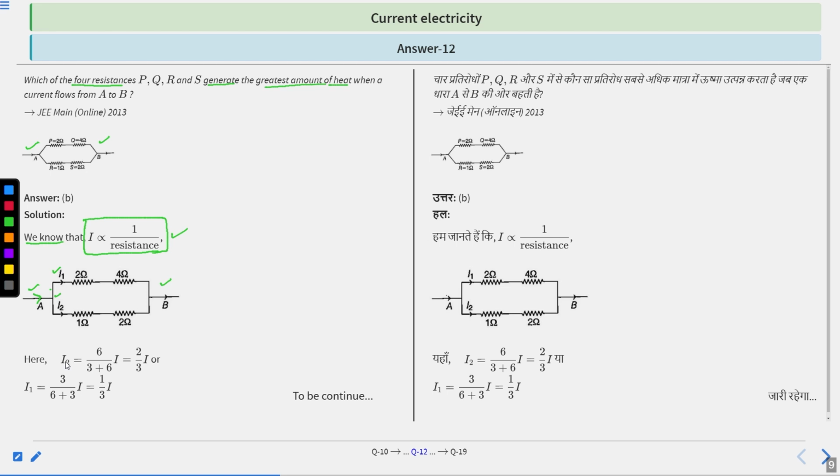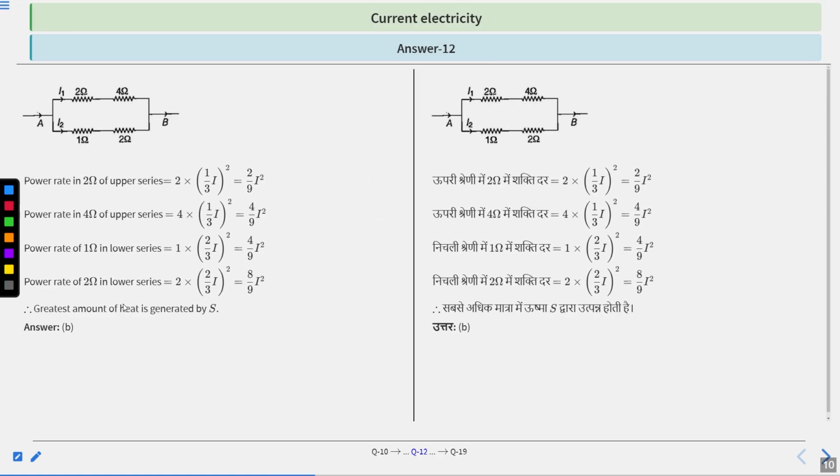So I2 is equal to 6I divided by 3 plus 6, which is equal to 2/3 of I, and I1 is equal to 3I divided by 6 plus 3, which is equal to I by 3. Here, the resistances of 2 ohm and 4 ohm are connected in series. Series connection means end to end connection. So this is series connection. Similarly, this one is connected in series, end to end.